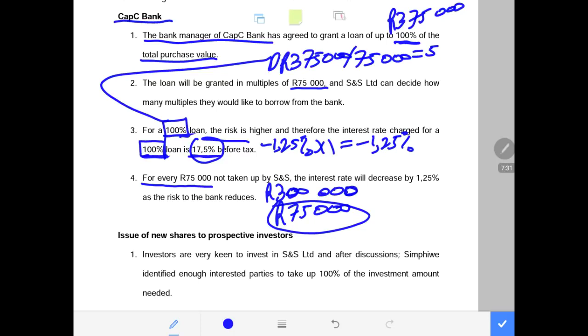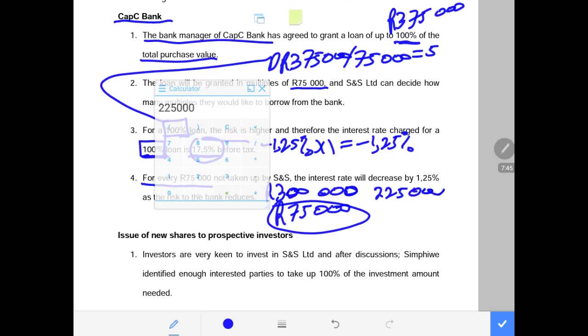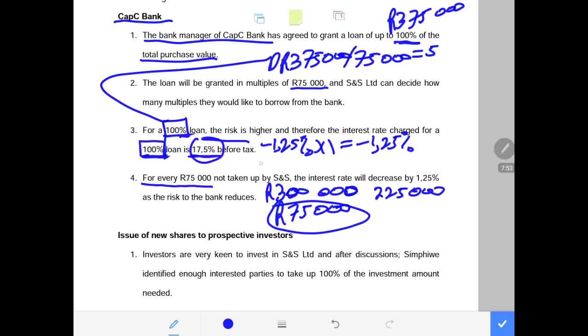That means if the company decides to say 375,000 rands minus 75,000 rands, I want to remove two amounts of 75,000 rands. If the company decides to borrow 225,000 rands, meaning they are not taking 75,000 rands twice, in other words, the interest will then decrease by 2 times by 1.25.